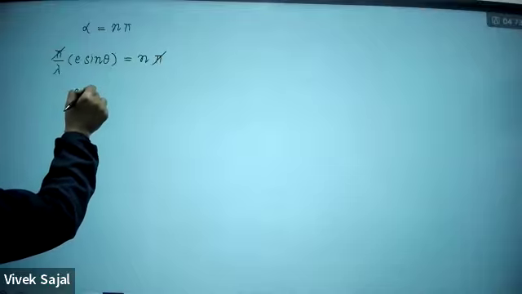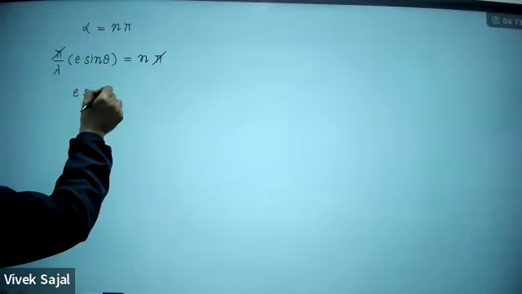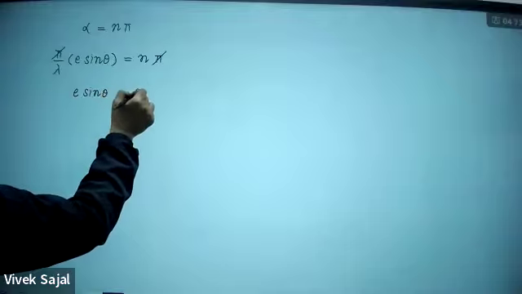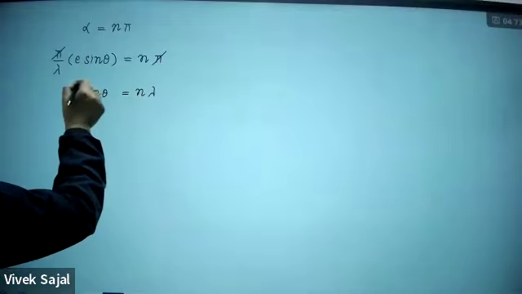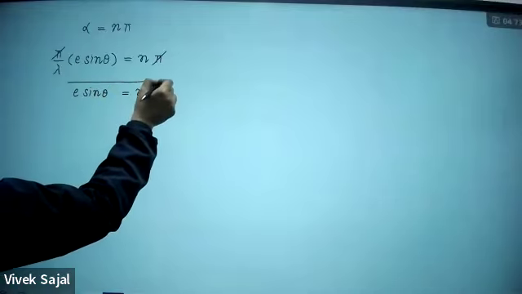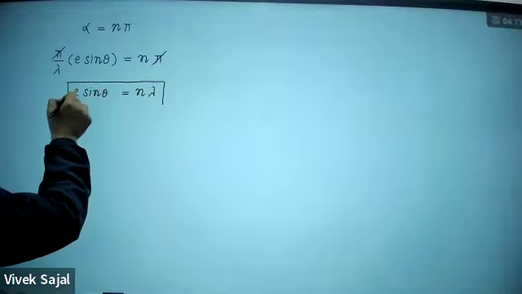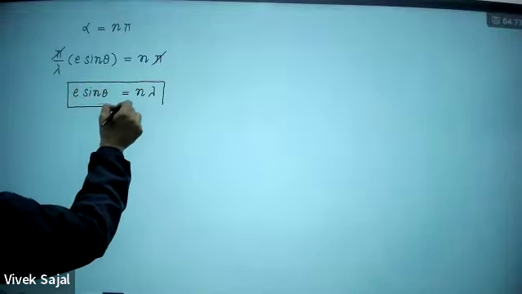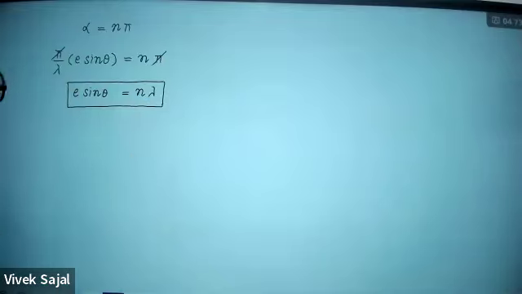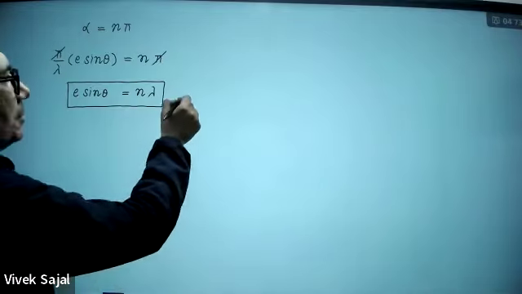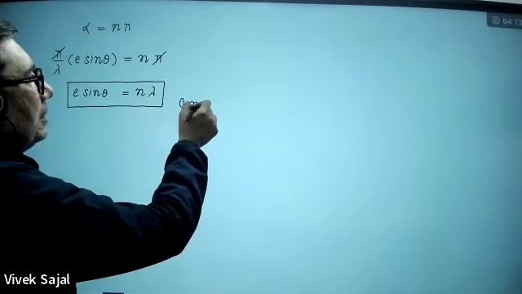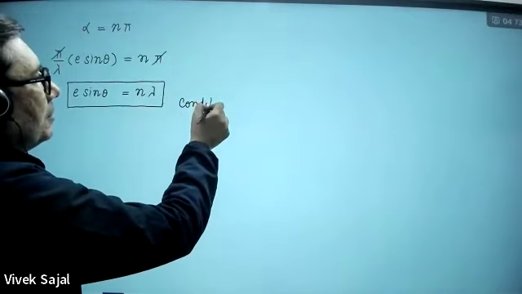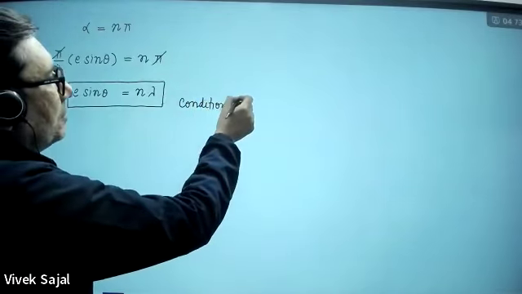It will be E sine theta, and this will be equal to n lambda. So E sine theta is equal to n lambda. So this is the condition for minima.